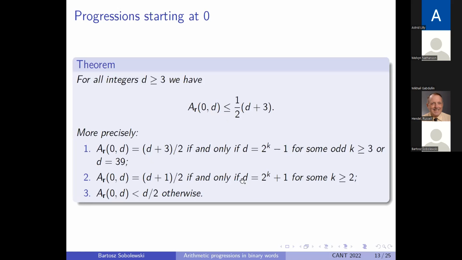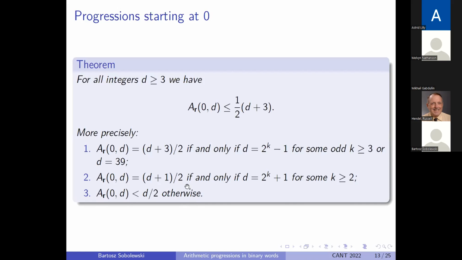And we can also distinguish another family of d such that the length of such a progression is given by a nice formula, (d plus 1) divided by 2. So again, we get some arbitrarily long arithmetic progressions, which can be exhibited specifically.